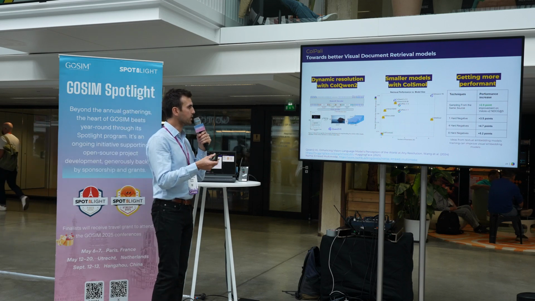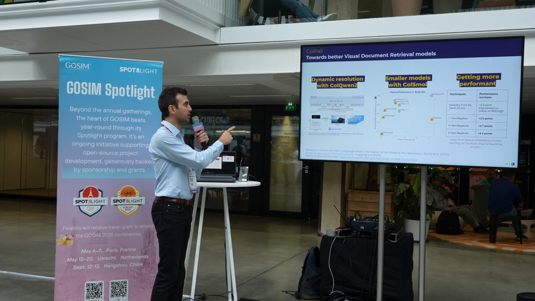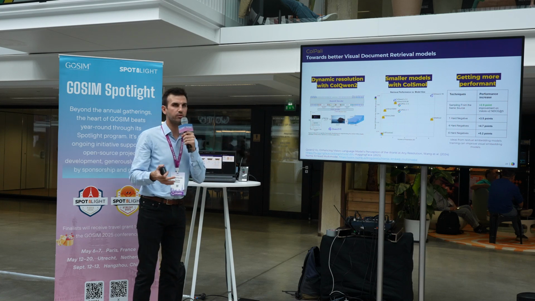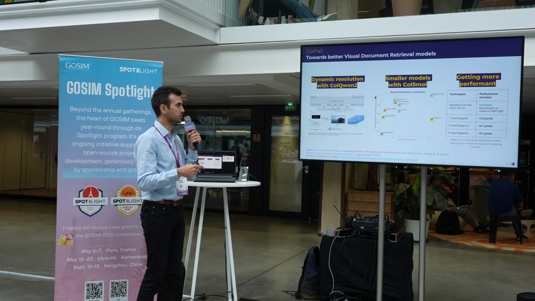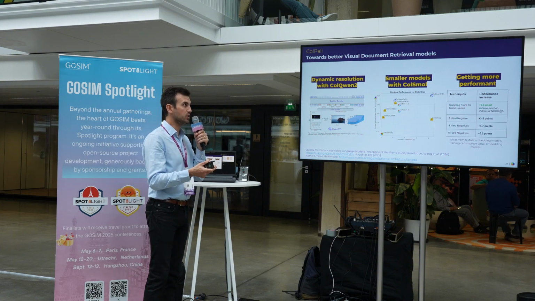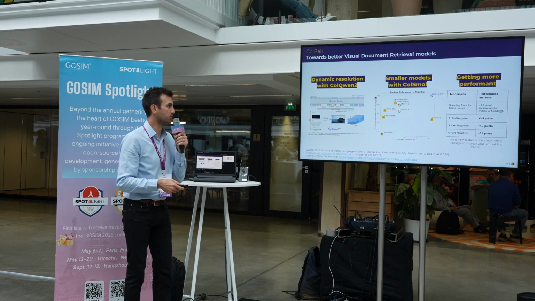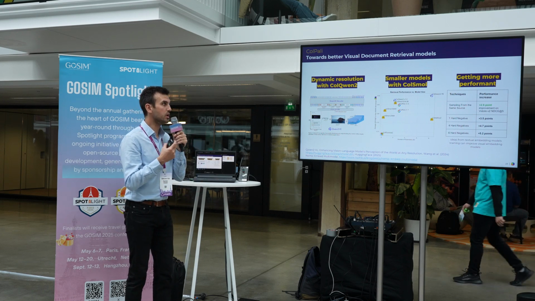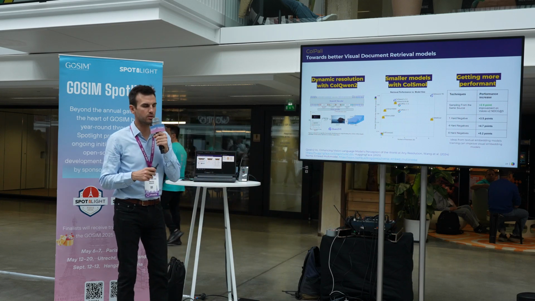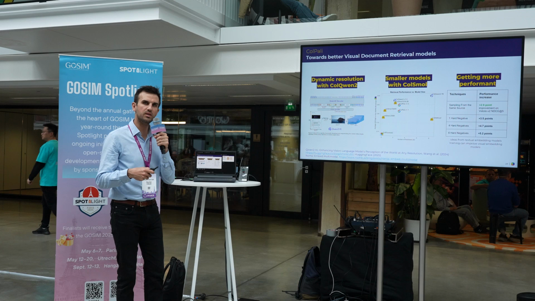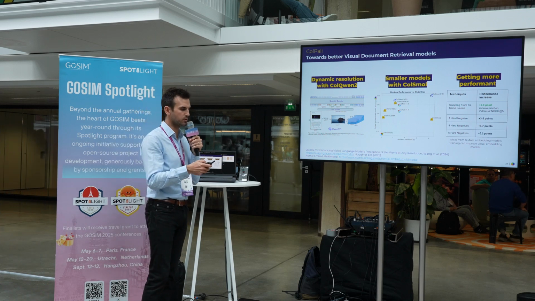So we can have dynamic resolution with ColQwen2. So I've described the PaliGemma approach before, but we've moved on to newer models. We can also have smaller models with the ColSmol family that was released by Hugging Face. And we can also improve the performance by tweaking the loss, increasing the training datasets, etc. A lot of things to do.